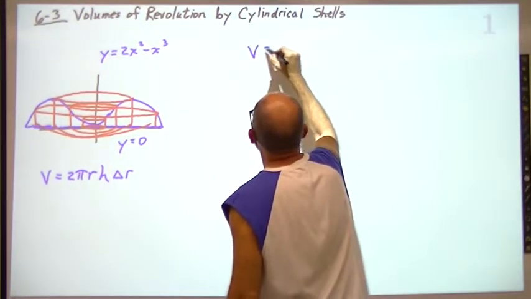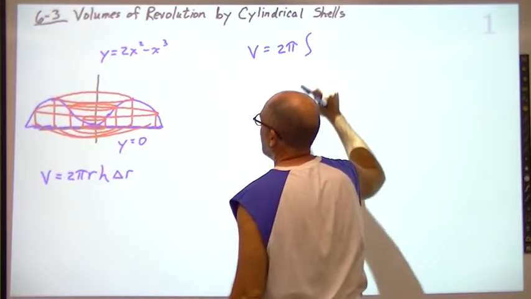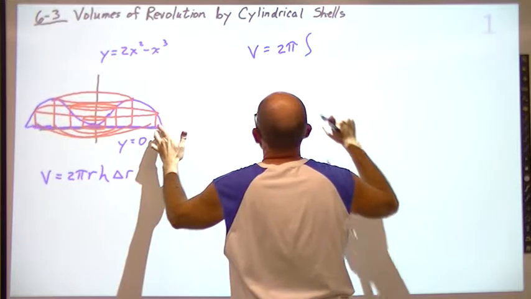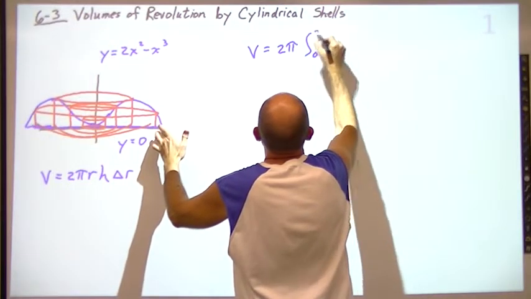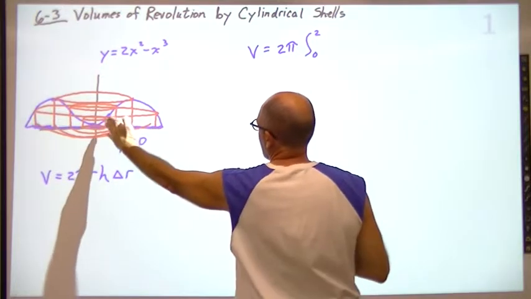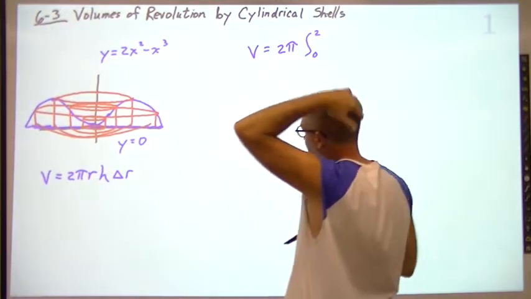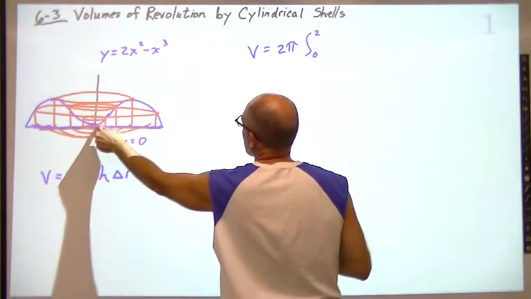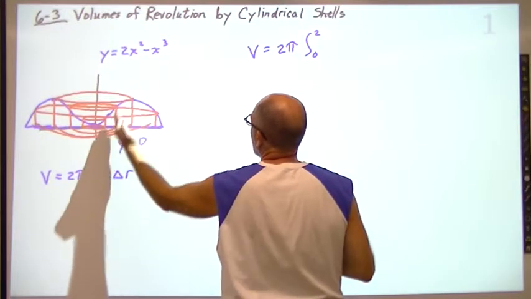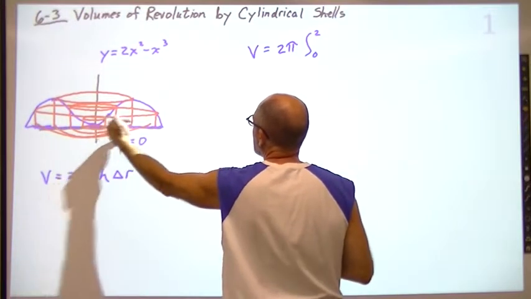All right, so my volume is going to equal 2 pi times the integral from 0 to 2 of the radius. Now, what's my radius of each one of these shells? Well, it's going to be the distance from y equals 0 to y equals whatever each shell.